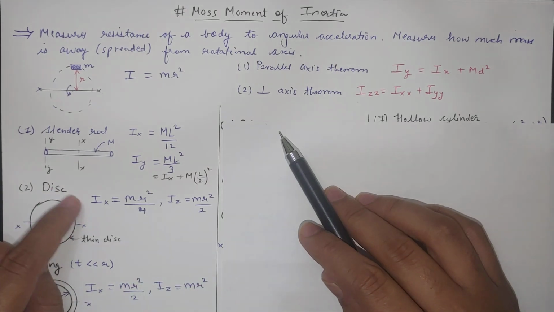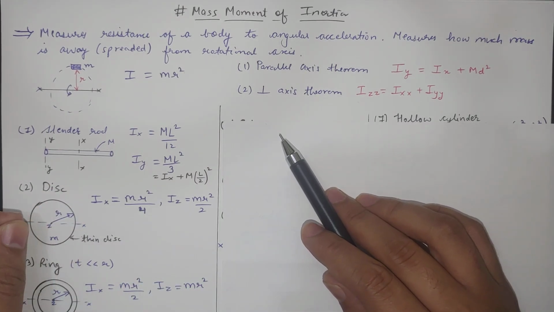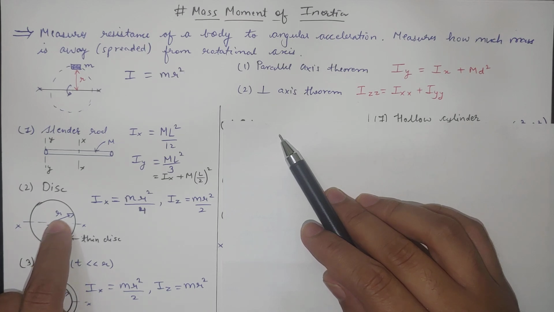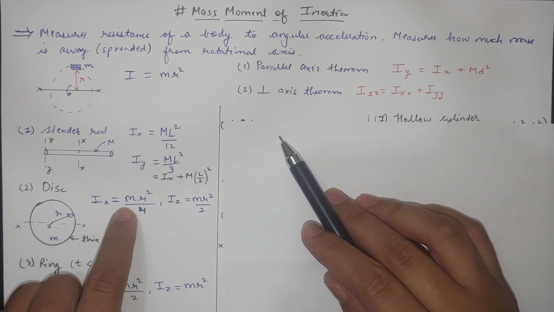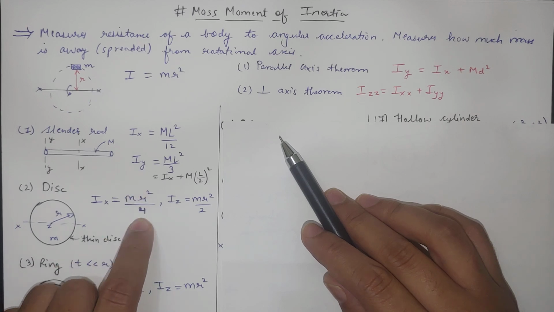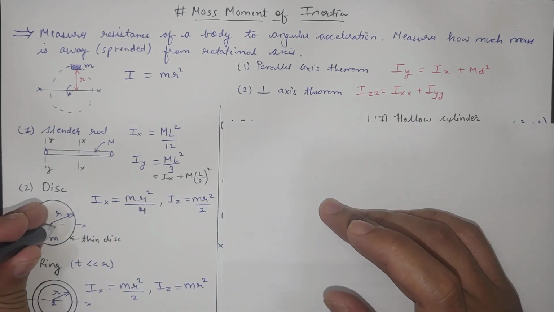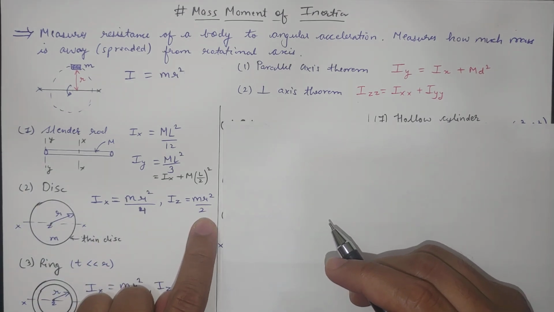Now for a disc, this is a simple disc of small thickness, with mass m and radius r. If you want to calculate for any diametral axis, it will be mr square by 4. But for the axis perpendicular to this paper, meaning Iz, it is mr square by 2.